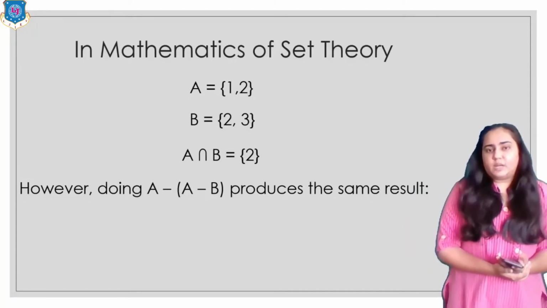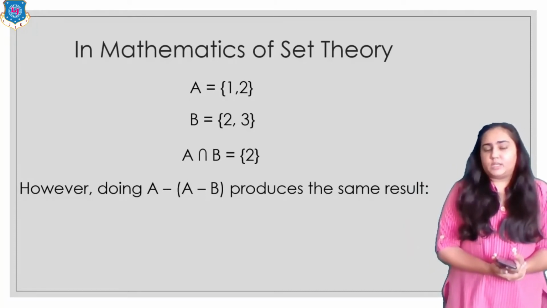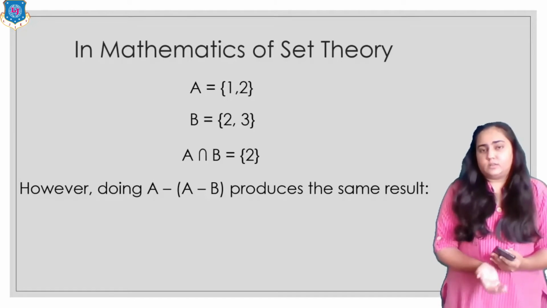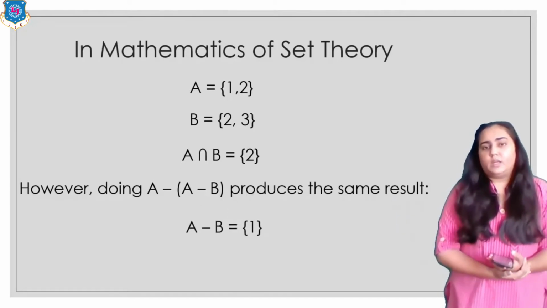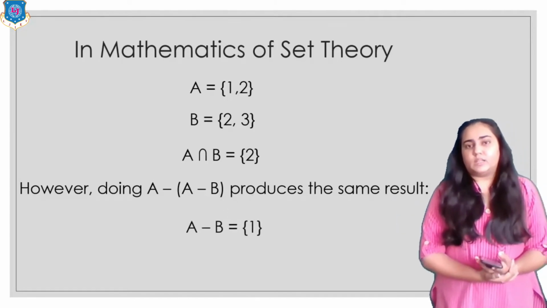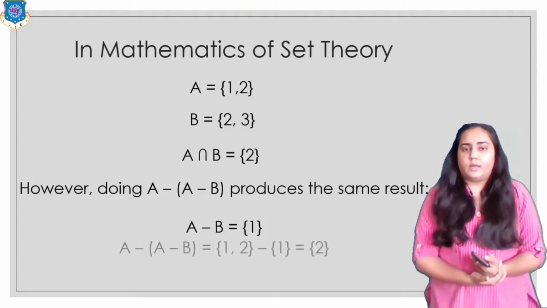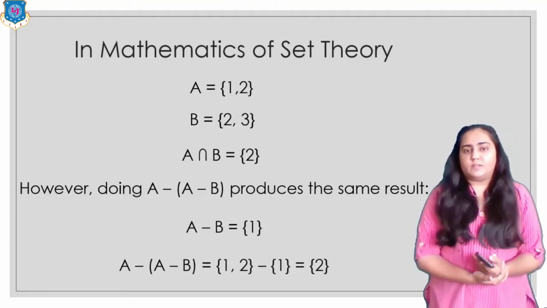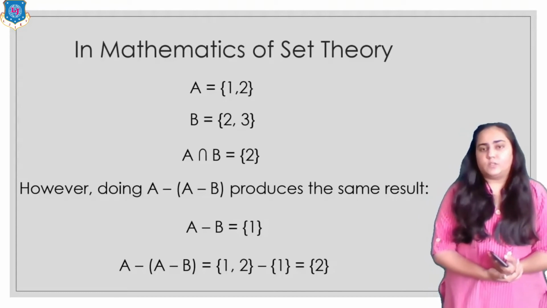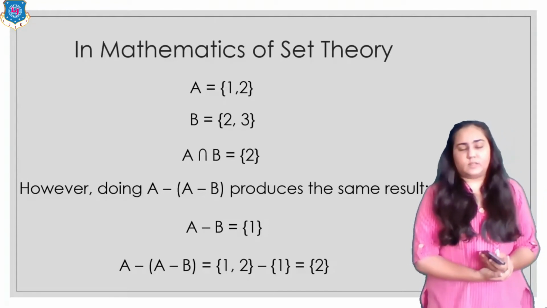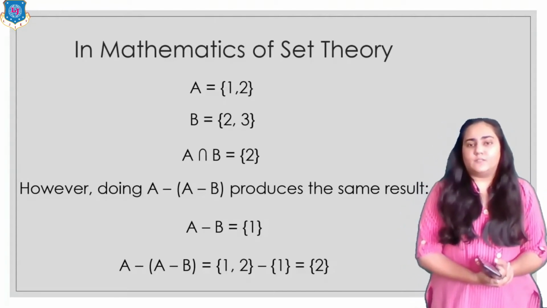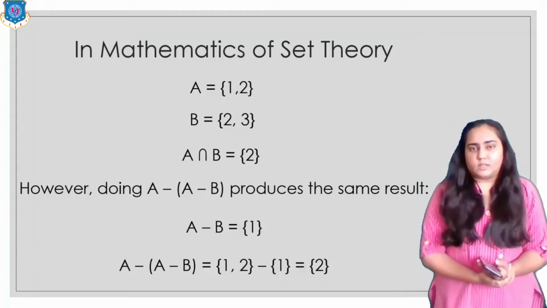If you do A minus (A minus B), it actually gives you the same result. If you do A minus B, it gives you 1. And then if you do A minus that, which means you're essentially doing {1, 2} minus {1}, it gives you 2, which is the same result as the intersection.